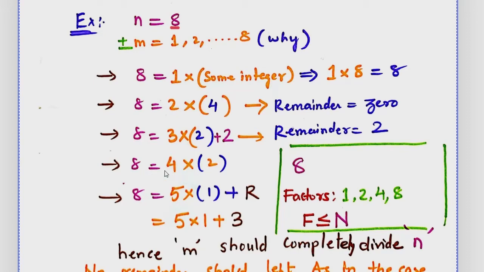Another example: we have already seen that 4 times 2 gives you 8, and we consider 4 a factor of 8. If you go on finding the factors of 8, you get the numbers which divide 8 completely, and we call them factors.